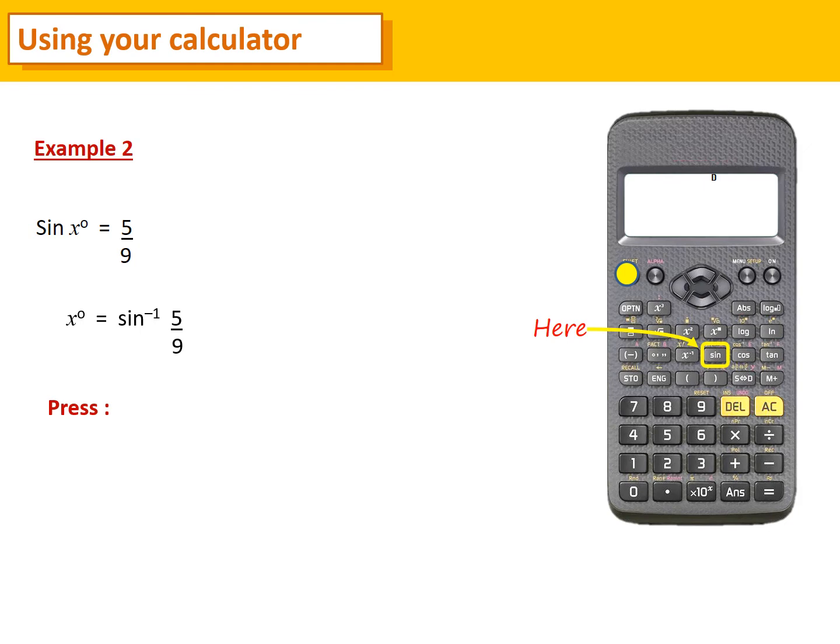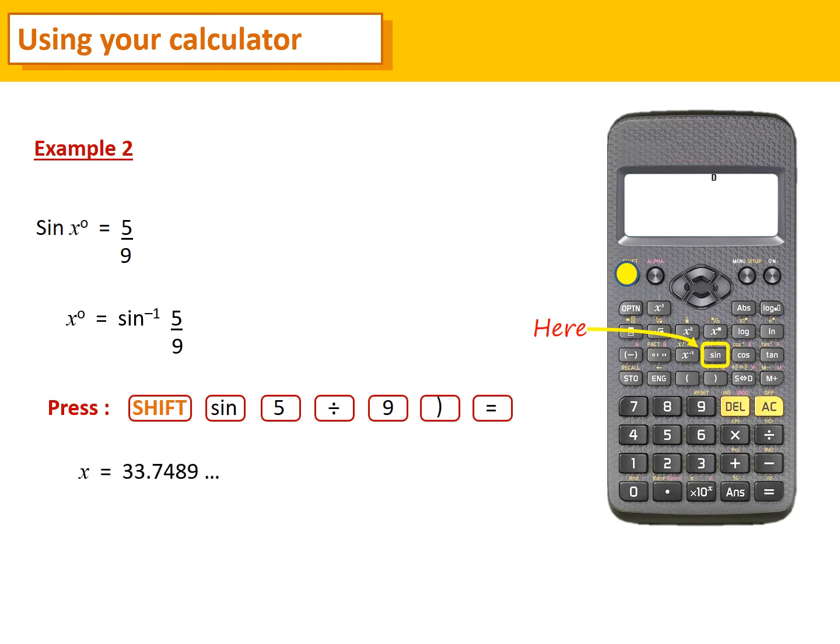And we would press on our calculator shift and sine, that's inverse sine. Now we would input the ratio 5 divided by 9. Importantly, close the bracket, then press equals, and we should get 33.7489, and we'd round off to 1 decimal place.